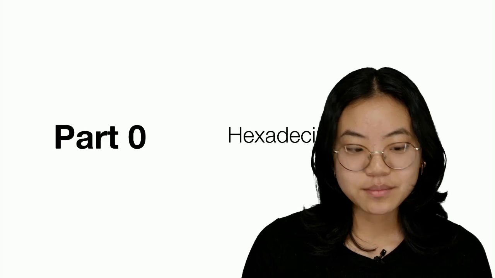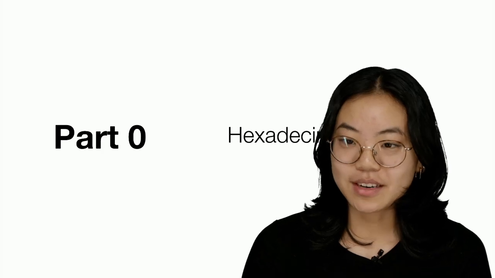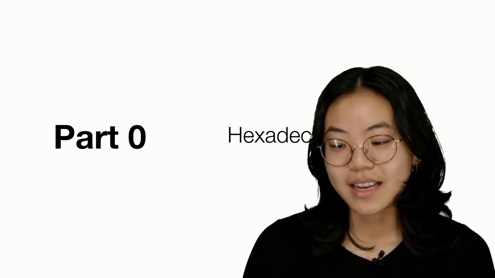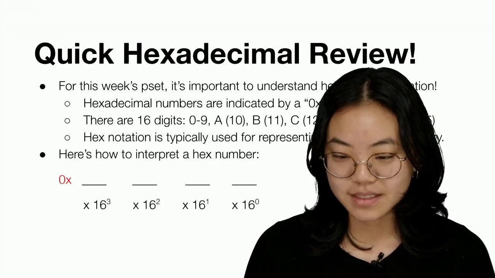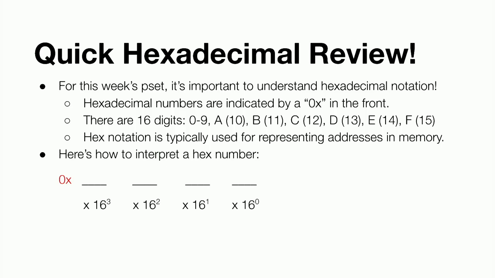And as a preface, we're going to talk a little bit about hexadecimal notation to get you comfortable with seeing addresses that are written in hexadecimal. So as a quick review, for this week's problem set, it's probably going to be helpful to understand hexadecimal notation. Hexadecimal numbers are usually indicated by a 0x in the front.